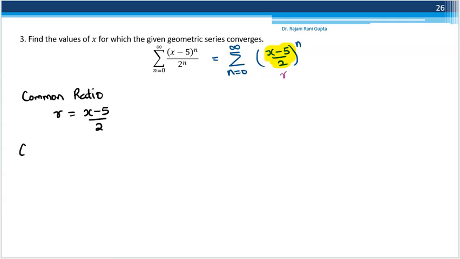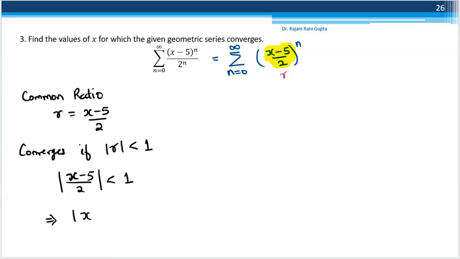Okay, so this converges if the absolute value of r is less than 1. That gives you absolute value of (x minus 5) over 2 less than 1, which implies that absolute value of x minus 5 is less than 2.